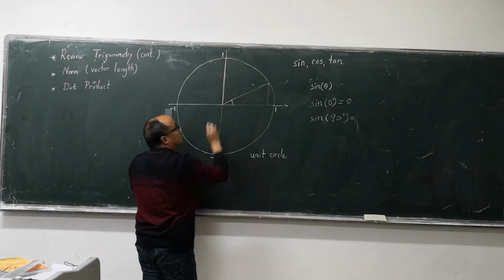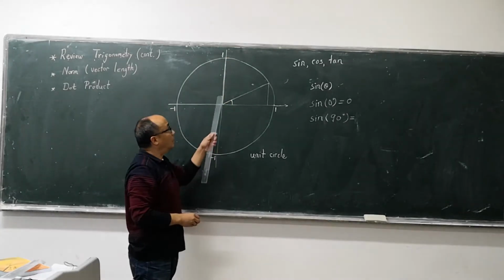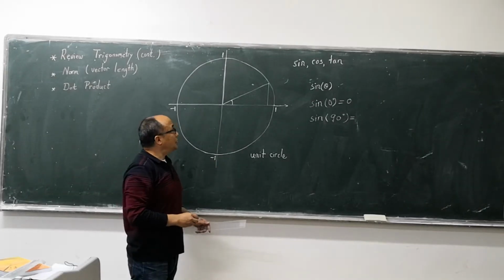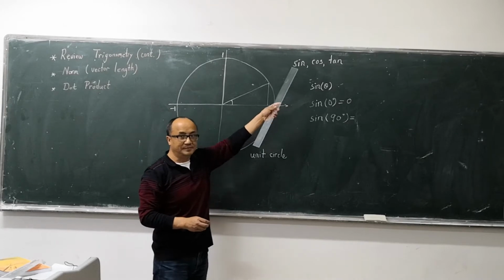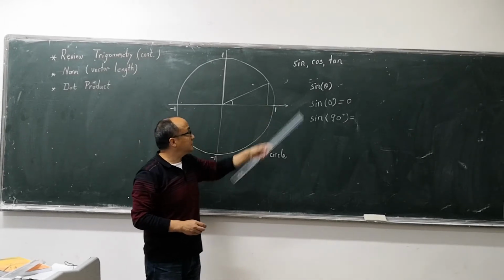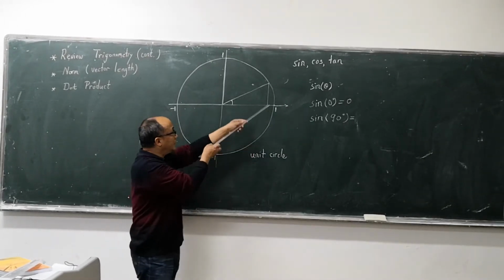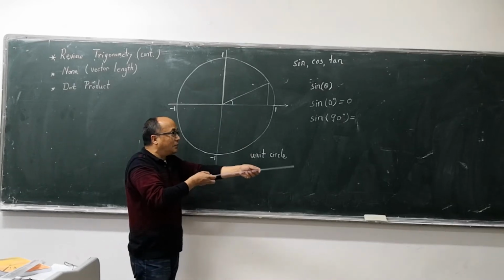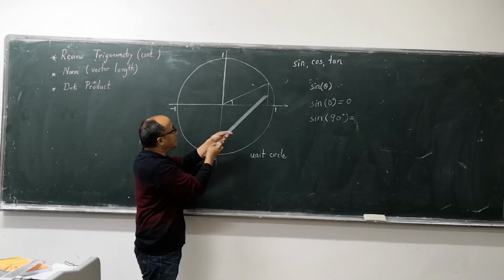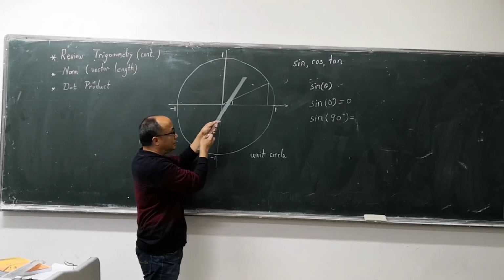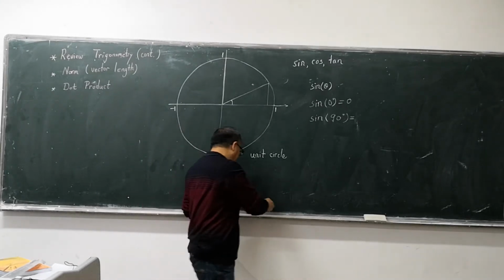This is the 1, which is also the maximum of the sine function. So you will understand that when the angle gets lifted up, the sine gradually goes up. And this is 1.